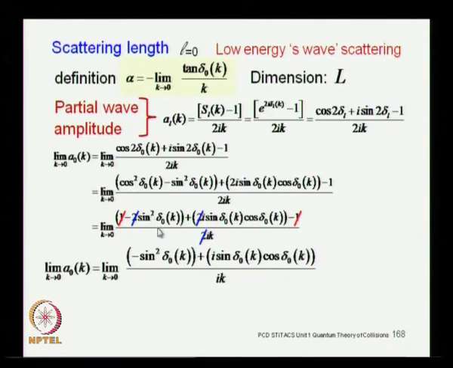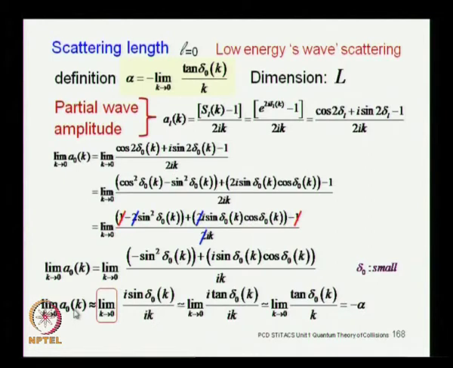But then again you deal with small delta, for which sine square delta is ignorable. Delta square is very small, and cosine delta will be nearly equal to 1. So, this whole expression reduces simply to i sine delta over i k, because cos delta is nearly equal to 1 and sine square delta can be dropped. You cancel the i over here, and this by definition is the scattering length. So, the scattering length, or rather its negative, is what gives you the partial wave amplitude in the low energy limit. That is why it is so important.